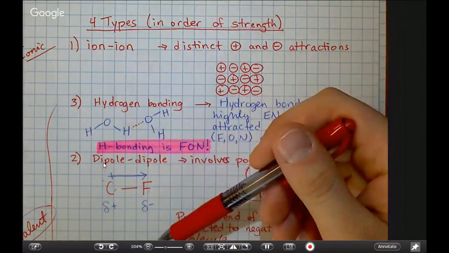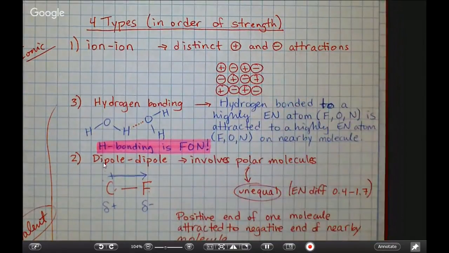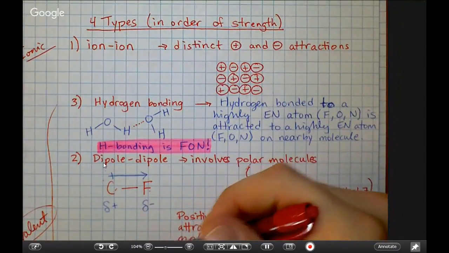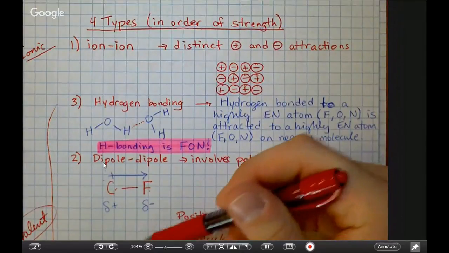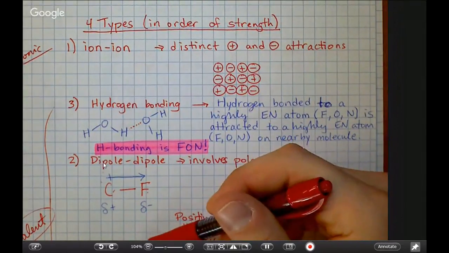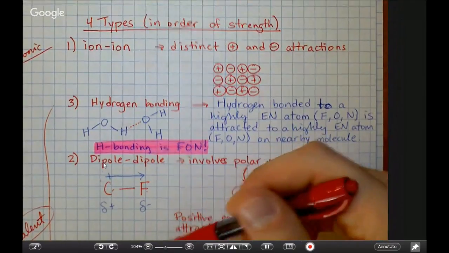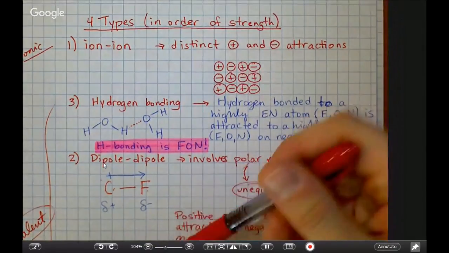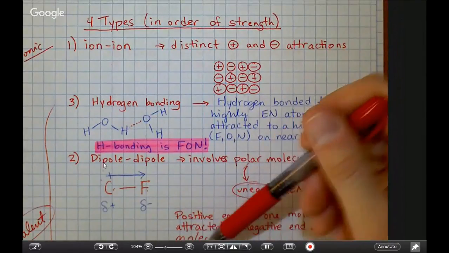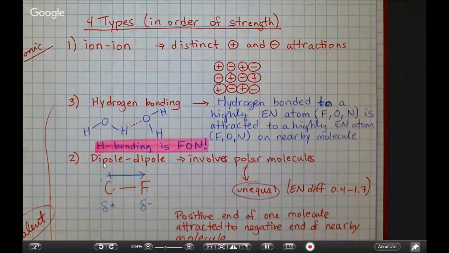Covalent, they're partial charges because they're still physically bonded, but one side has, like I drew kind of the lopsided shape here, fluorine being more electronegative has more of that electron cloud around it than carbon does. And if we set that up in a progression, then the negative is going to be attracted to the positive on a nearby molecule. And same thing as we keep going.